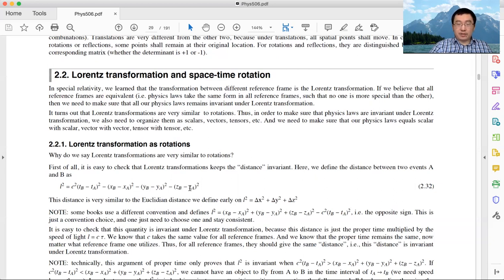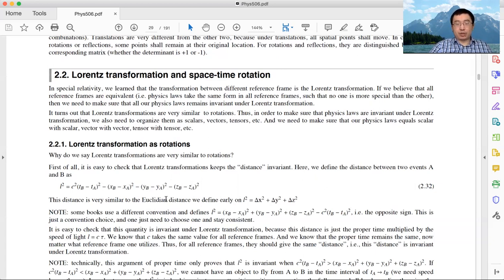The only difference is that in 3D Euclidean space, we add them all together, all plus. But here in the four-dimensional space, the time direction has a plus sign, and all the x, y, z components have a minus sign. So it's not exactly the same, but very close and very similar.